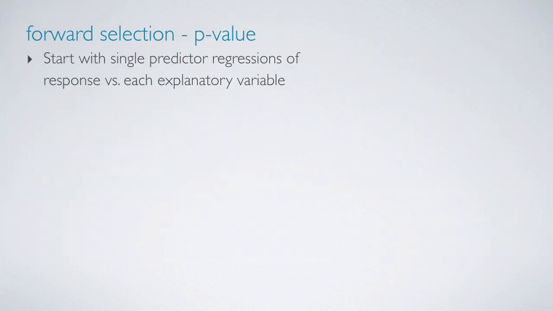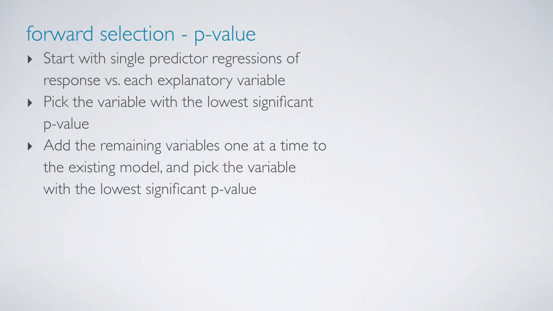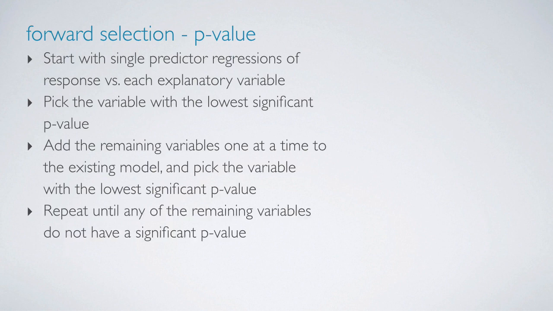To do forward selection using p-values, we start with single predictor regressions of response versus each explanatory variable. We then pick the variable with the lowest significant p-value, and we add the remaining variables one at a time to the existing model and pick the variable with the lowest significant p-value again. We repeat until any of the remaining variables do not have a significant p-value.